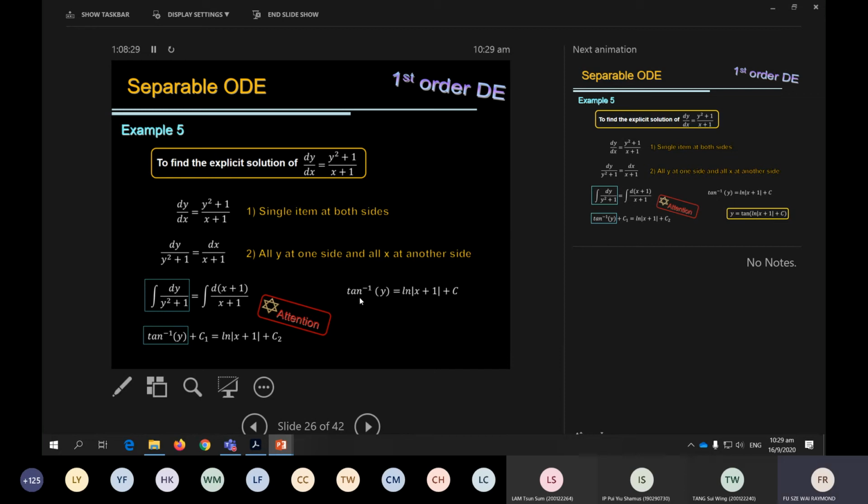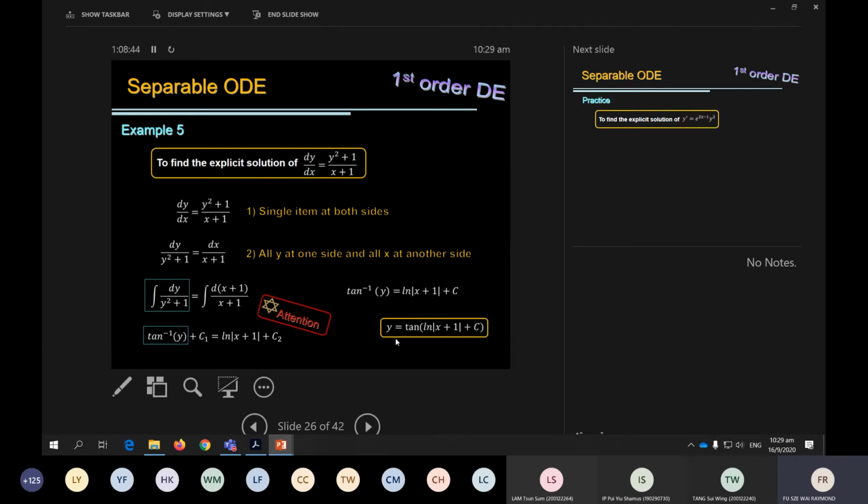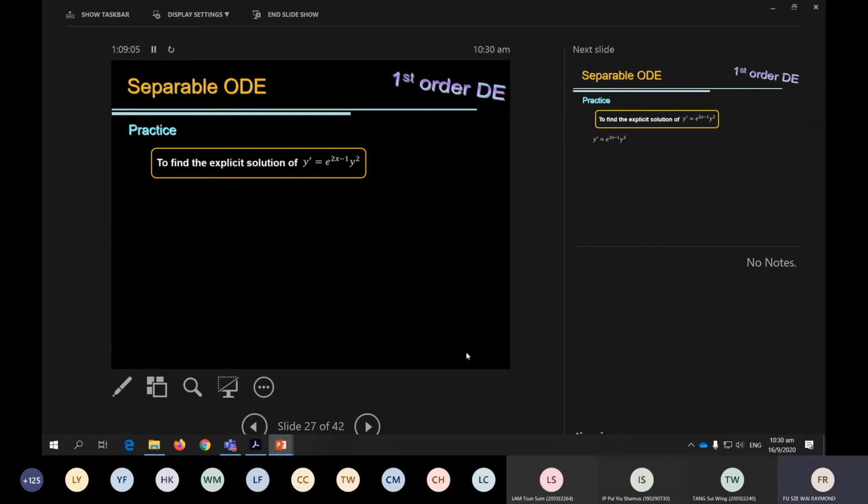Arctangent y equals natural log of x plus 1 plus c. So simply because of the inverse, you put y as the variable on one side, so you leave everything on the right hand side. Arctangent moved to the right hand side becomes tangent. So you have to practice other things to find the solutions.